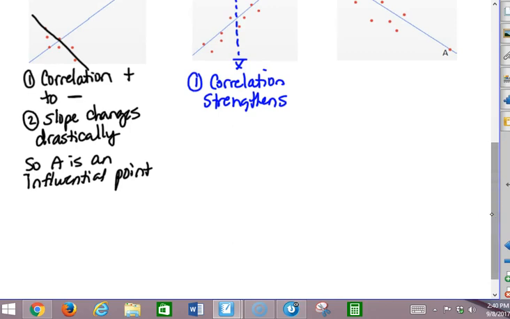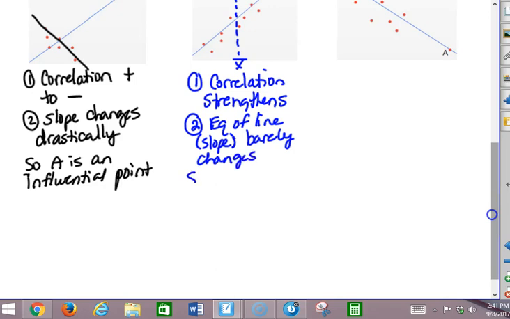It does strengthen the correlation when we remove it, but the equation of the line, its slope, barely changes. So it's not an influential point. So A is not an influential point.